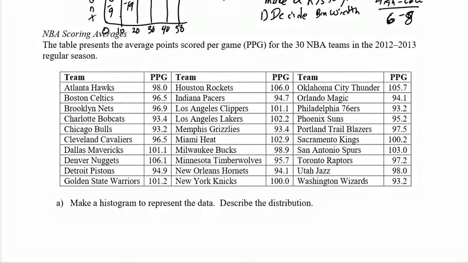Looks like they scored 106.1. And the lowest, there's several teams here, the Chicago Bulls, the Washington Wizards, the Philadelphia 76ers scored 93.2. Okay, 93.2. So that would be our low.